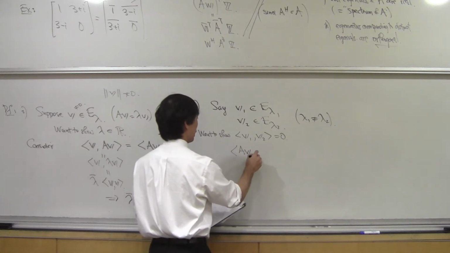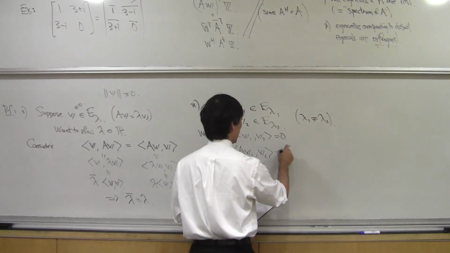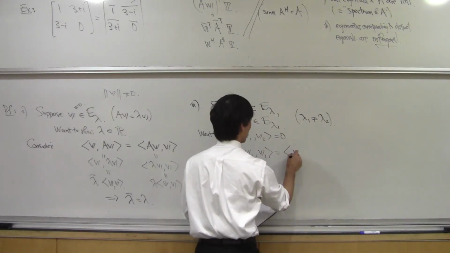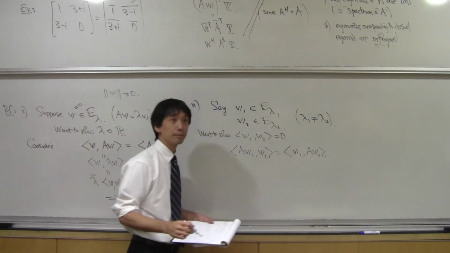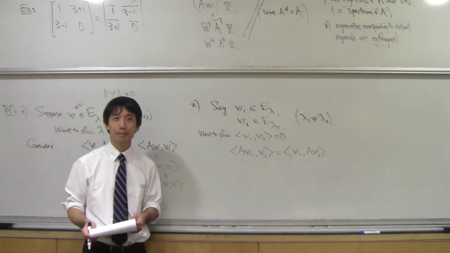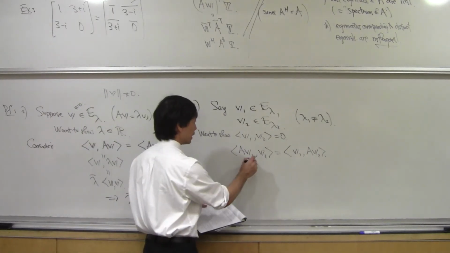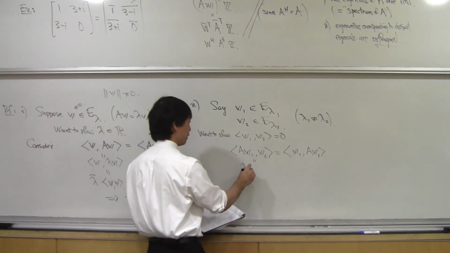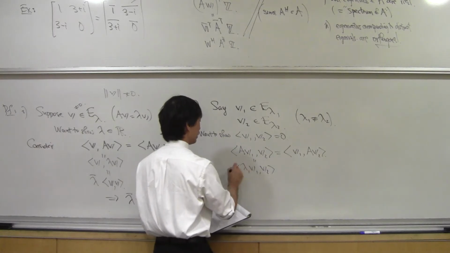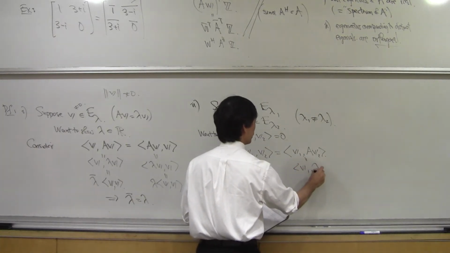If you look at the inner product of AV1 with V2, again, by what we saw before, this is the same thing as V1 against AV2. So what do we get here? Lambda 1 times V1, V2. What do we get here? We get V1 against lambda 2 V2.